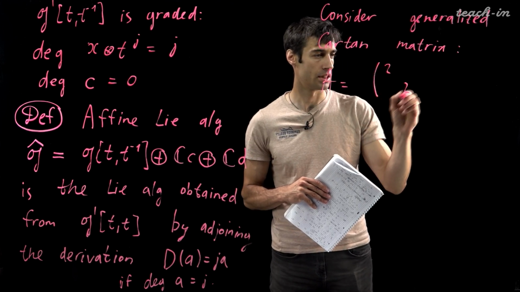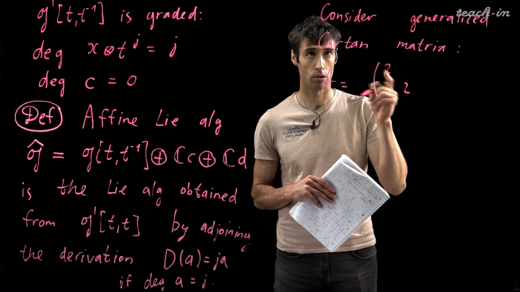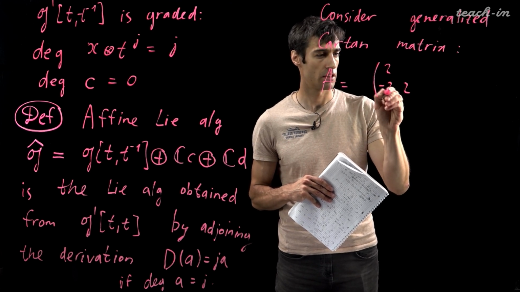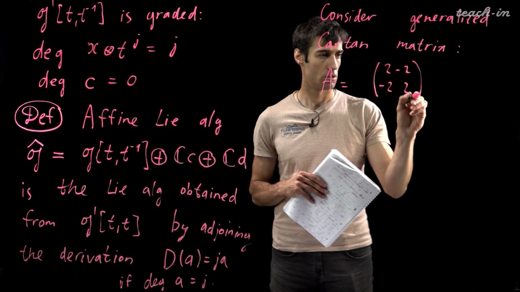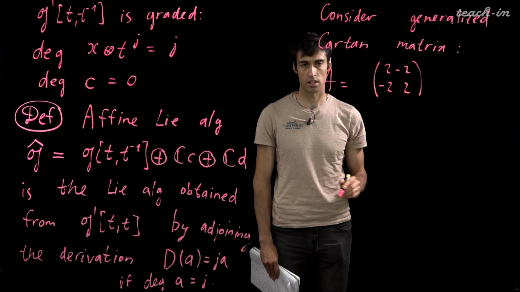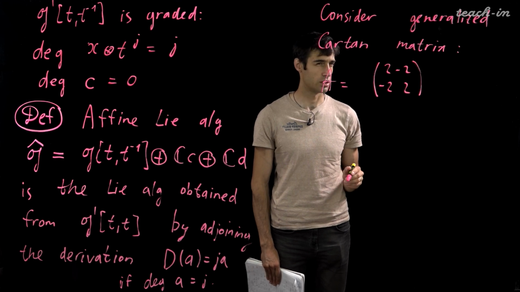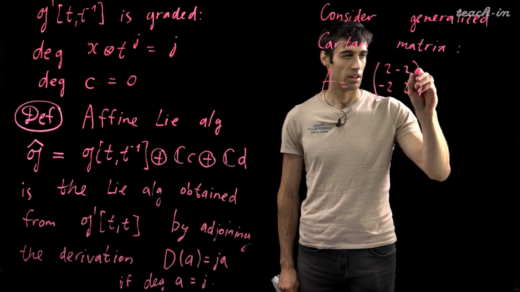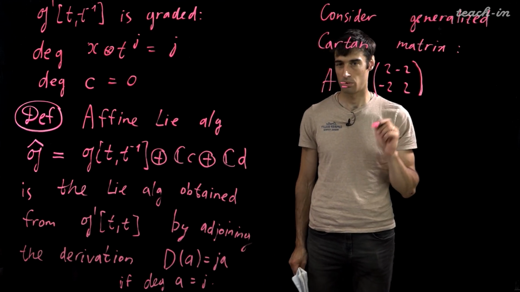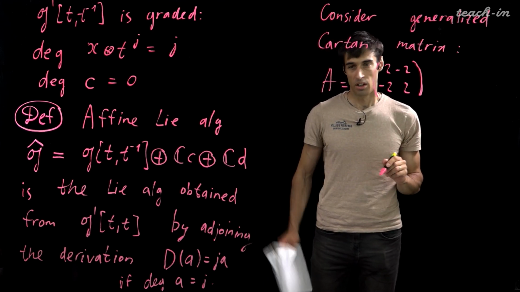It has 2's on the diagonal, as all generalized Cartan matrices should have, and then I have negative 2's on the off diagonals. So this Cartan matrix is degenerate. Therefore it cannot be the Cartan matrix of any simple Lie algebra already. So we already have something new.